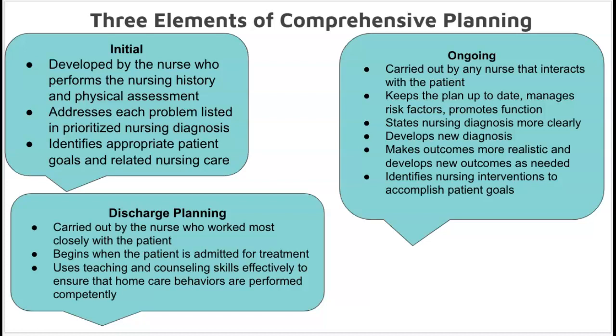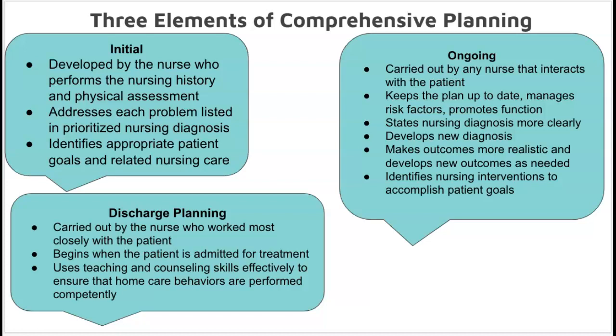And then there's discharge planning, and the discharge planning is carried out by the nurse who works most closely with the patient, begins when the patient is admitted for treatment, uses teaching and counseling skills effectively to ensure that home care behaviors are performed competently. To note that discharge planning is actually something that starts when the patient is admitted into a new unit.